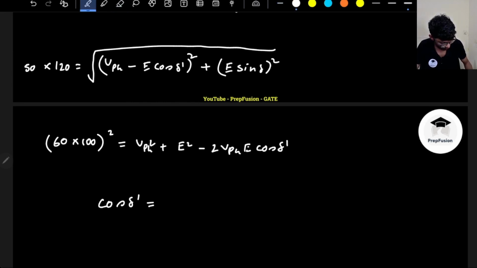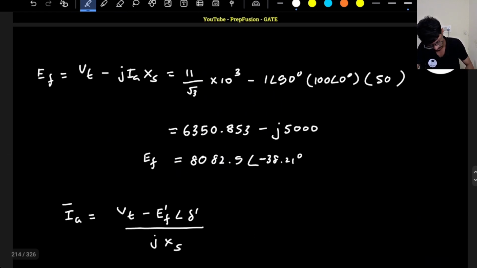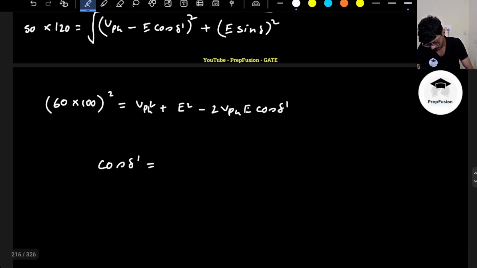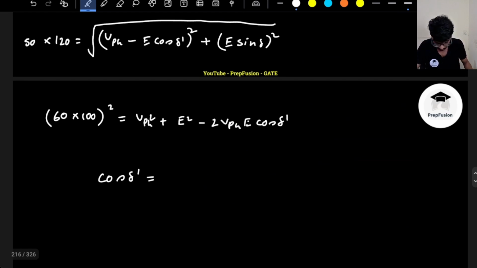So what is V phase whole square? 6350.8 whole square plus E phase. E phase was 8082.9 whole square, minus 6000 whole square.